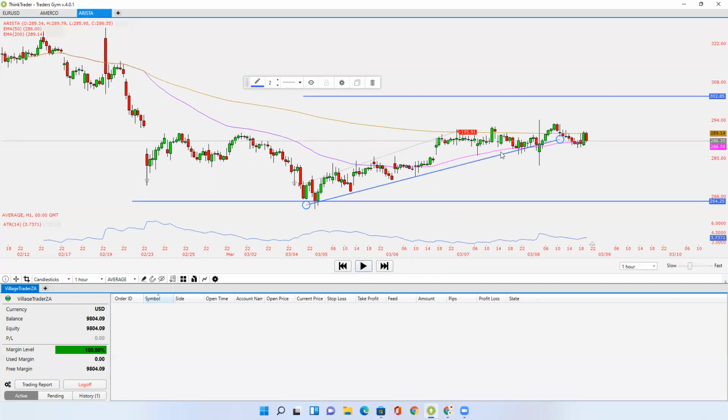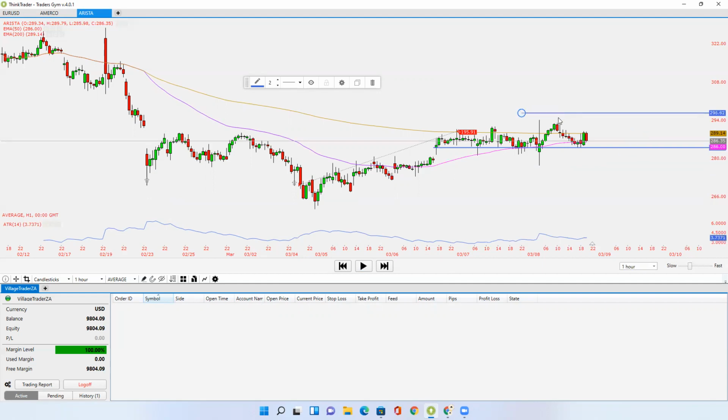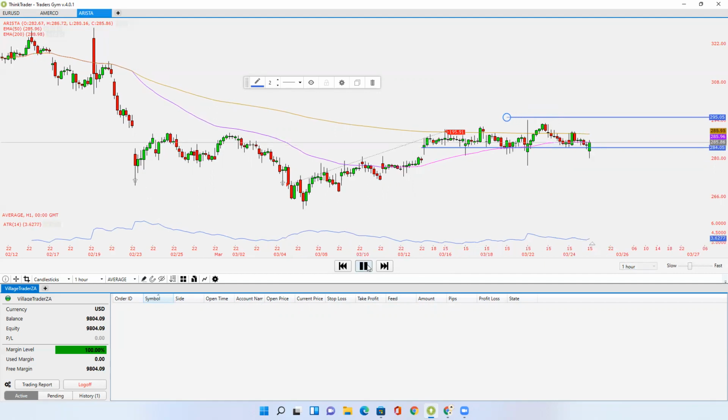Okay, let me pause. But if it breaks below there, I want my stop to be there and I want to go short. Let's see how that holds up.